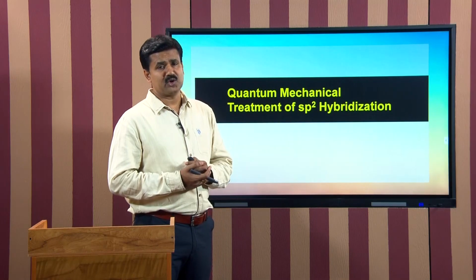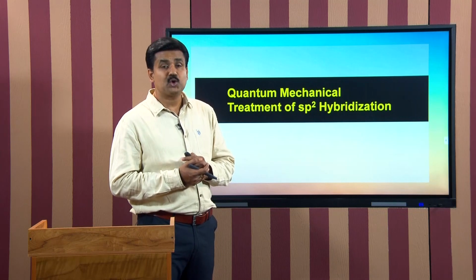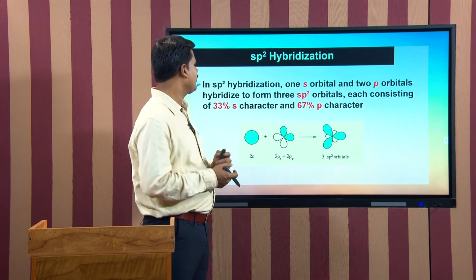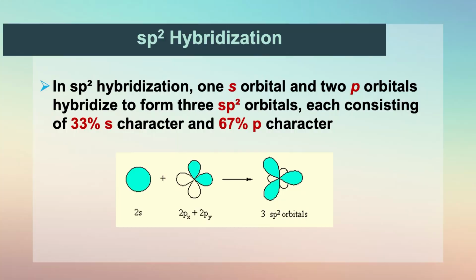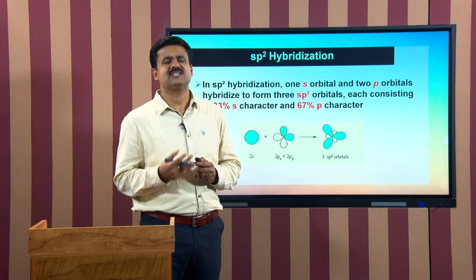Now we are moving on to the quantum mechanical treatment of sp2 hybridization. As the name indicates, in sp2 hybridization, one s orbital and two p orbitals hybridize to form three sp2 hybrid orbitals. Number of orbitals taking part in hybridization is equal to number of hybrid orbitals produced.